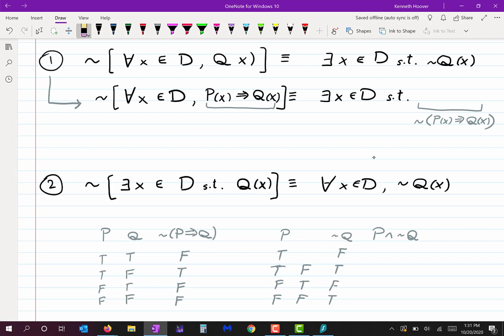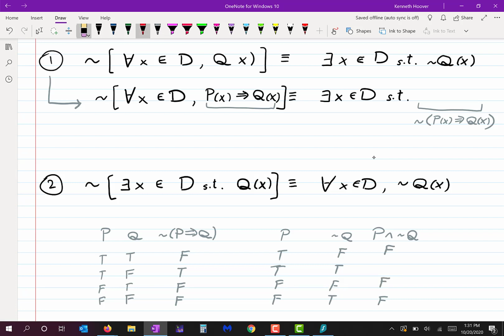We can erase this column now. We don't really need that. Let's just look at what's there. P and not Q. That false right there means we're going to get a false here. This false right there means we're going to get a false here. Either one of these falses would mean a false here.